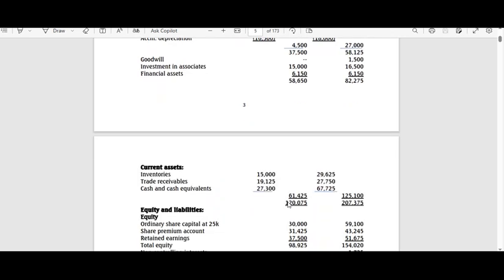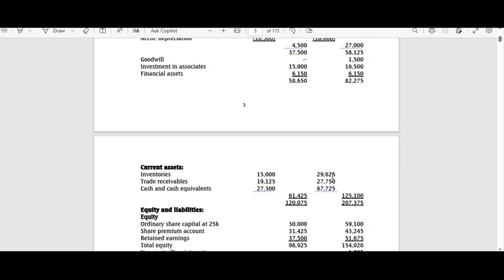So that means we can take our changes in current assets and liabilities, the changes in working capital, straight. So 29,625 minus 15,000 is 14,625, right?